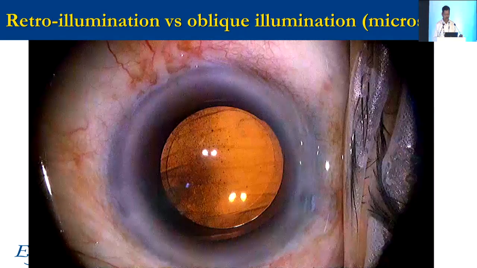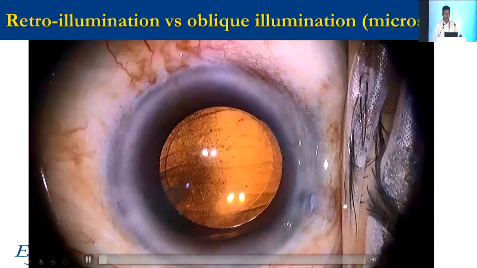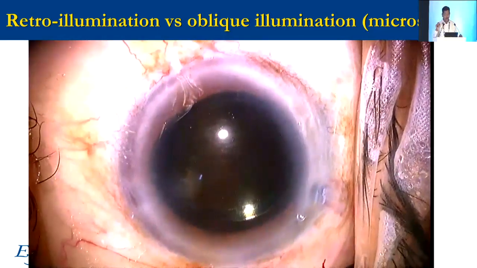I'll show you a situation. Here I'm going to show you the interplay between oblique and retro illumination, so you will understand the basic principle. Right now what you're seeing is retro illumination, and this is oblique illumination.